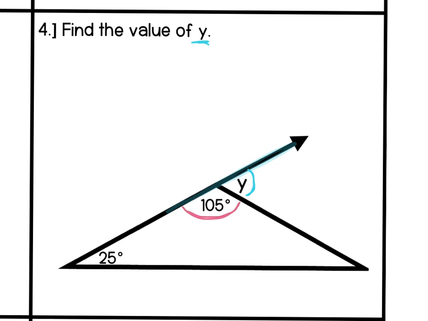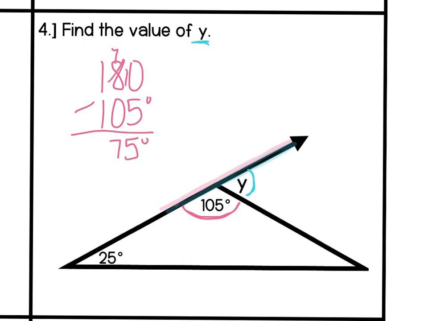These two together add up to 180, and notice our straight line right here. So I can simply just subtract 180 minus 105 to get Y. And when I subtract 180 minus 105, I get 75 degrees.